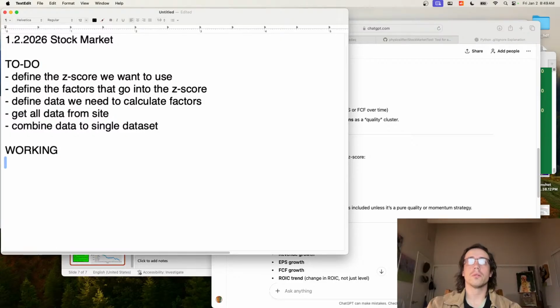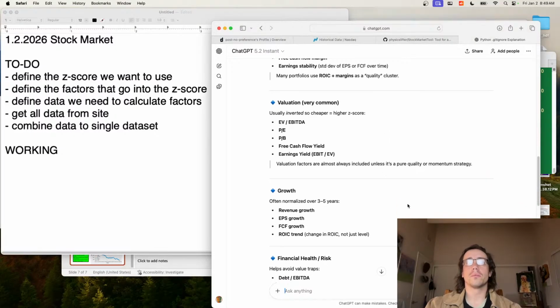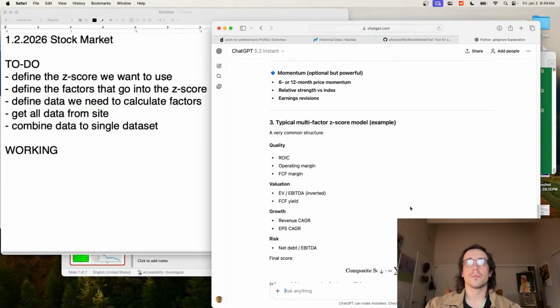Okay, so the z-score we want to use. Return on invested capital, operating margin, free cash flow margin. Valuation.